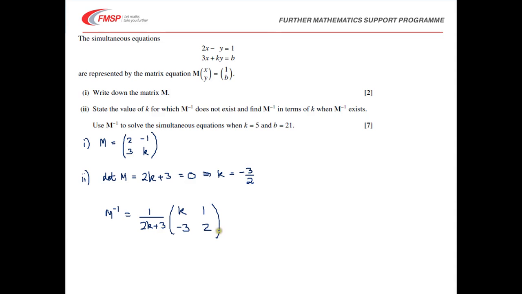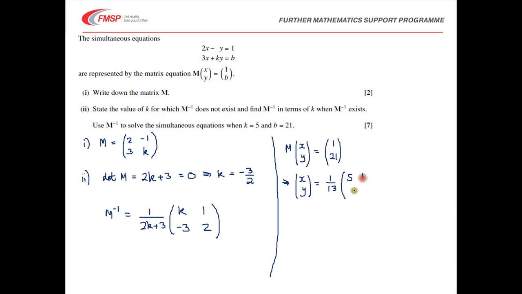Then it says use M inverse to solve the equations. So we've got M times (x, y) equals (1, 21), which implies that (x, y) is the inverse, so k is 5, so that's 1/13 of (5, 1; minus 3, 2) times (1, 21).